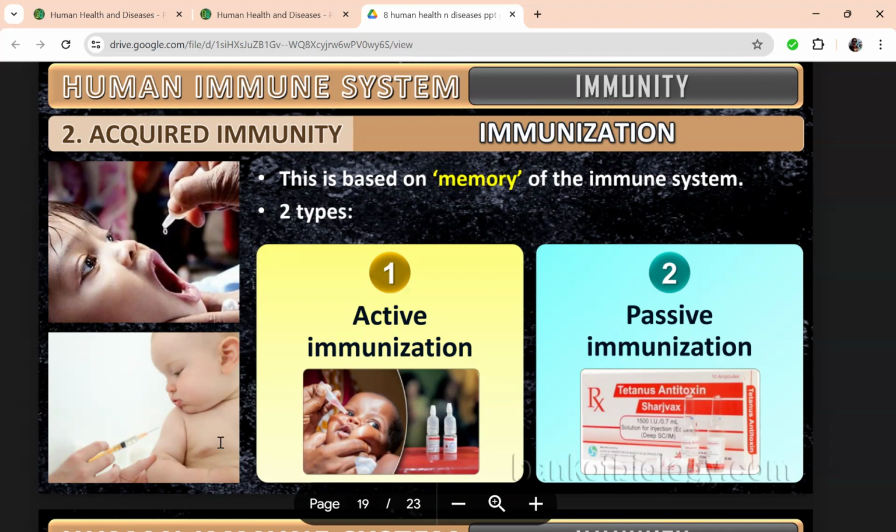Active immunization is when a killed virus is injected and the antibodies are produced within the body. So polio or something is active immunization. Whereas passive immunization is when antibody is injected into the body, ready-made antibody. So tetanus is a passive immunization. So there are two kinds of immunization.